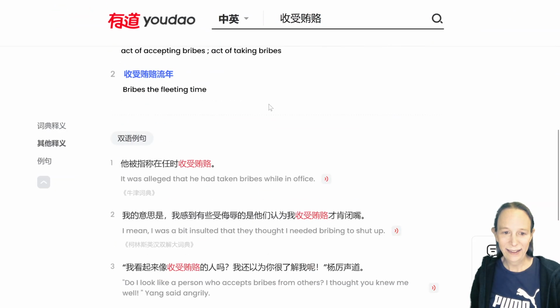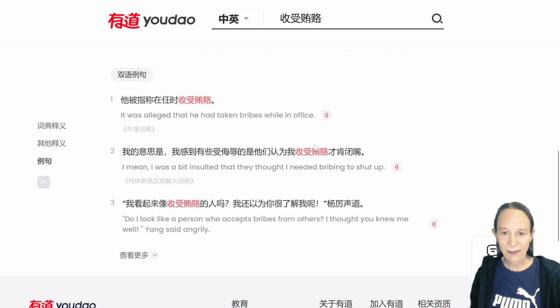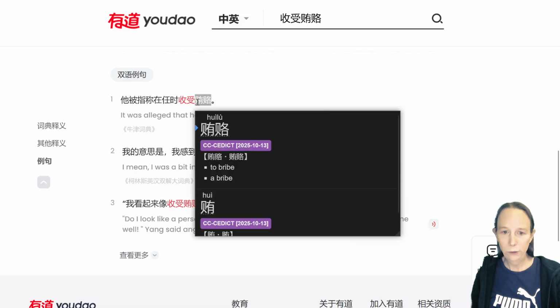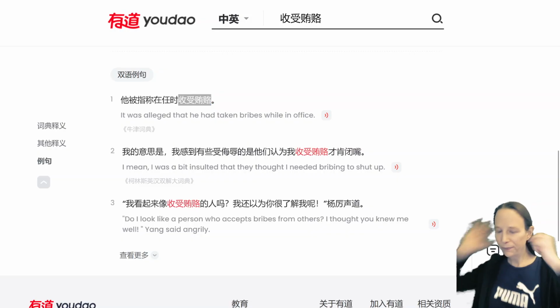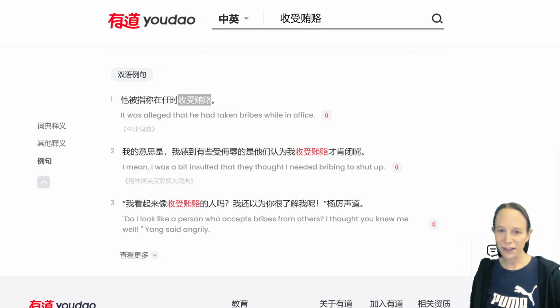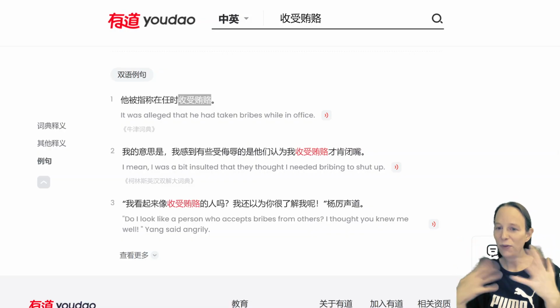Usually it comes together like this. 他被指称在任时收受贿赂. Sorry, I got my pronunciation wrong there. 收受贿赂. So this is receiving bribes basically.